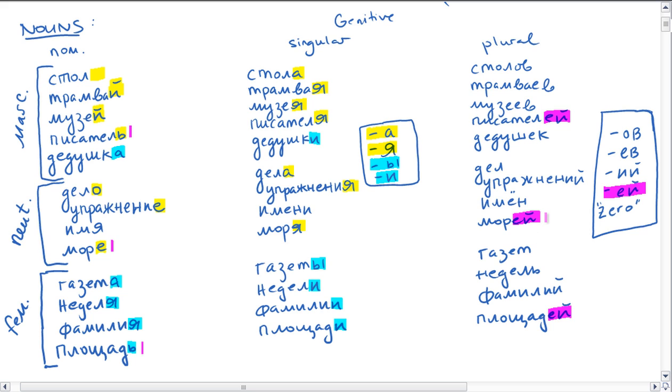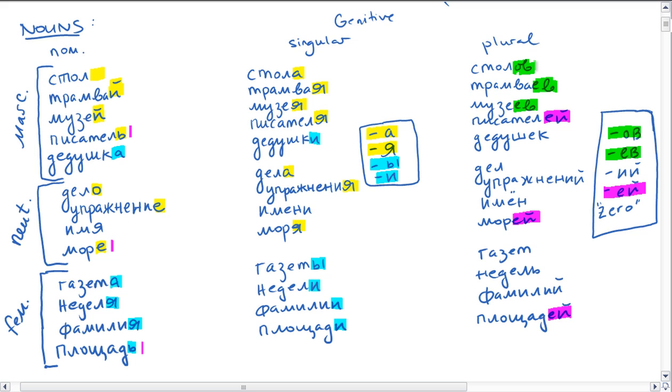Okay, and then most masculine nouns are going to take ov or yev if it's not ending in a soft sign or one of the ones that we just talked about. So ov or yev. So stolov, tramvayev, muzeyev, right? And that's just following the spelling rules and whether it ended in a soft or hard sound.